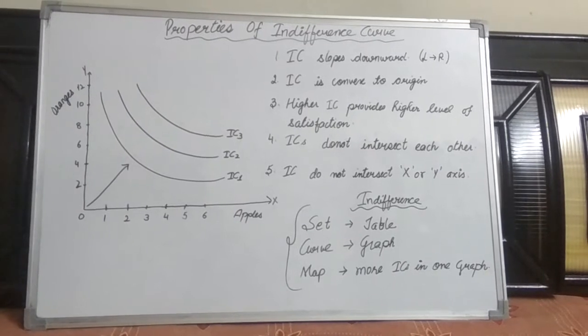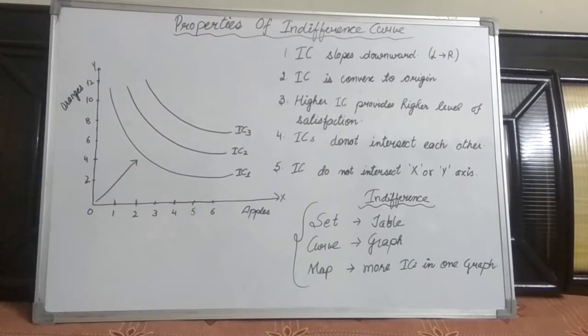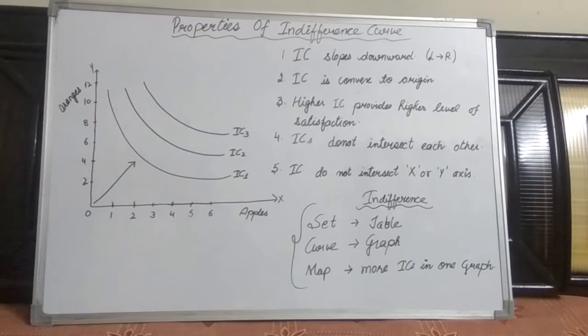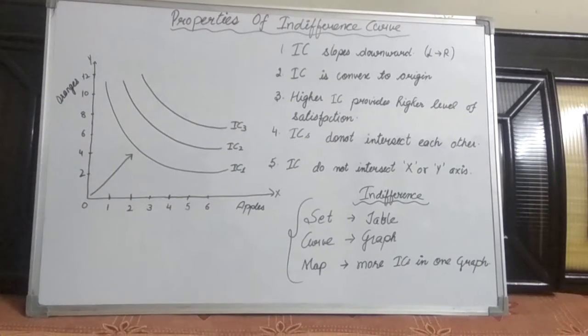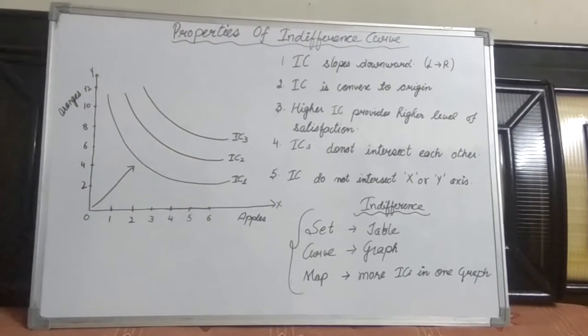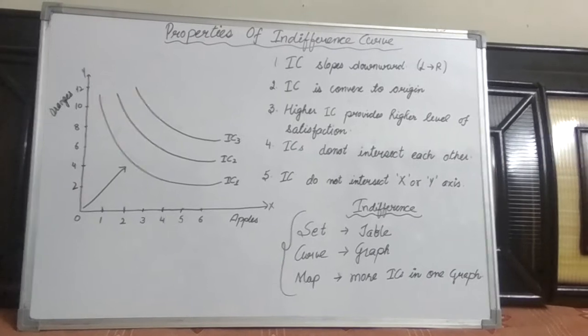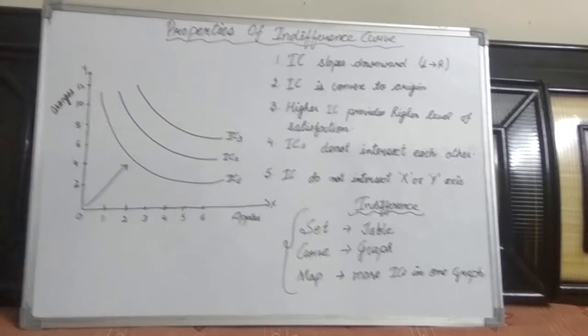The third property is that a higher IC provides a higher level of satisfaction. As is clear from the figure, we have drawn three curves in a single graph, parallel to each other.